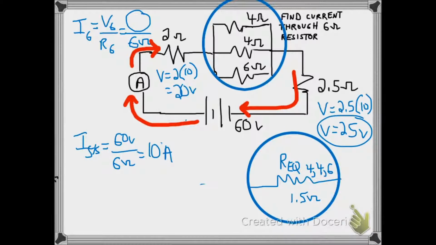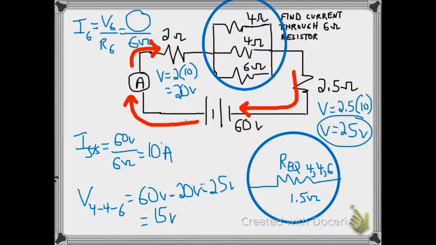Those are both voltage drops, which means if we started with 60 volts provided by the battery, and we lose 25 volts at one resistor and 20 volts at the other, the 2 ohm resistor, then the total voltage remaining for the parallel part of the circuit would be the 60 volts minus the 20 minus the 25, or a voltage for the parallel group of 15 volts.